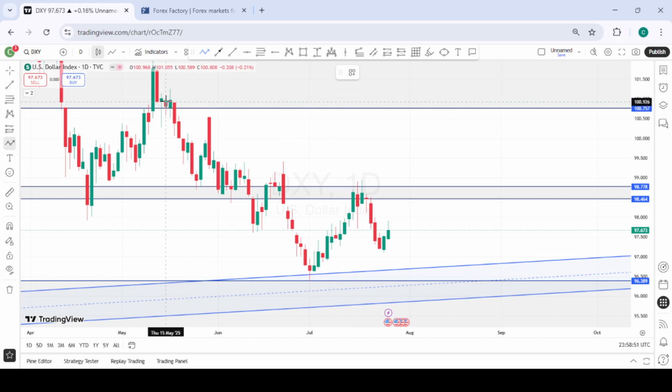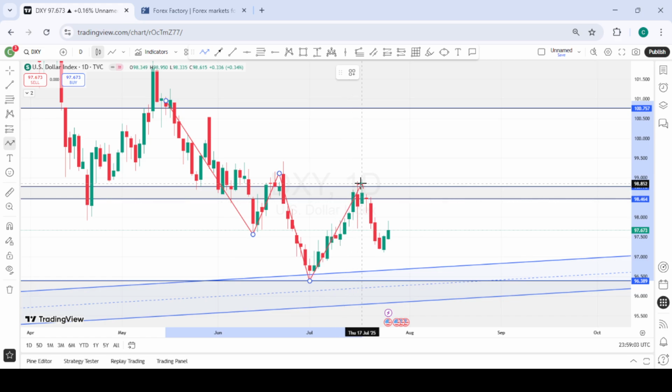If you can see, we have this left shoulder, we have this head, and a potential right shoulder.